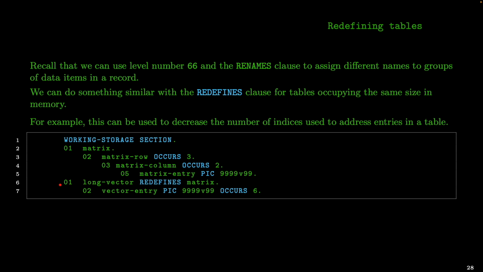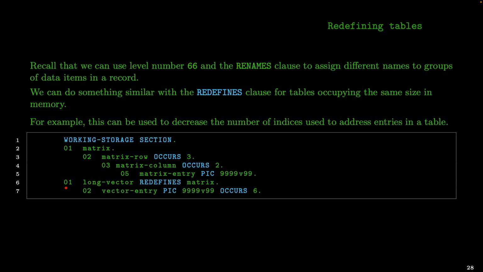And now if you think about it, if you take a matrix and you cut out all of its columns and just glue them together one behind another, you just get a very long vector. So we could see this matrix as a long vector with 6 entries, because we have 3 rows and 2 columns, that makes 6 entries in total.